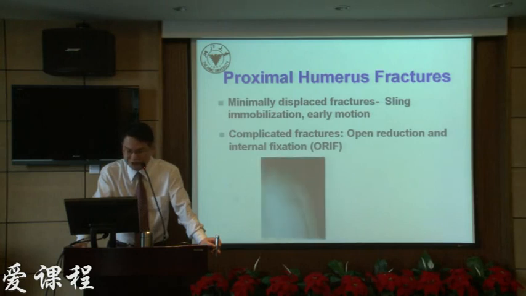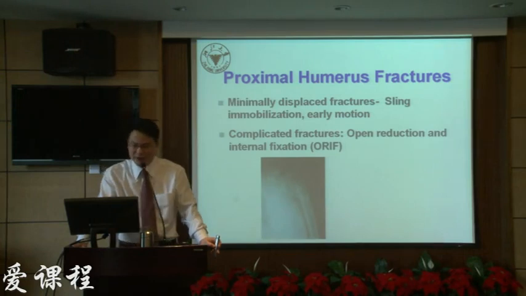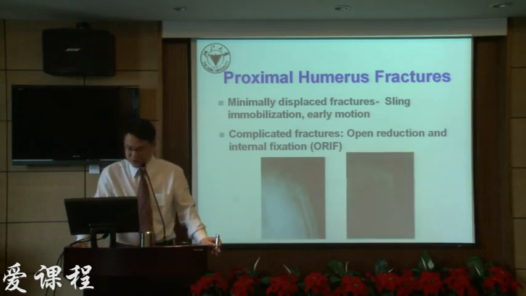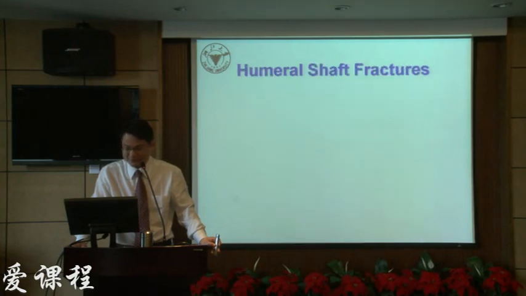For example, this is a proximal humerus fracture of an older lady, and we use a locking plate and screws to fix the fracture. This allows early exercise, which is good for a lot of old patients.